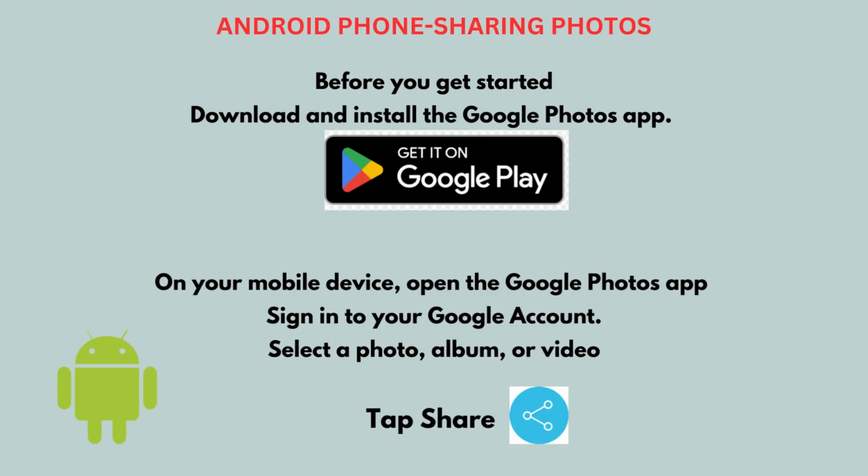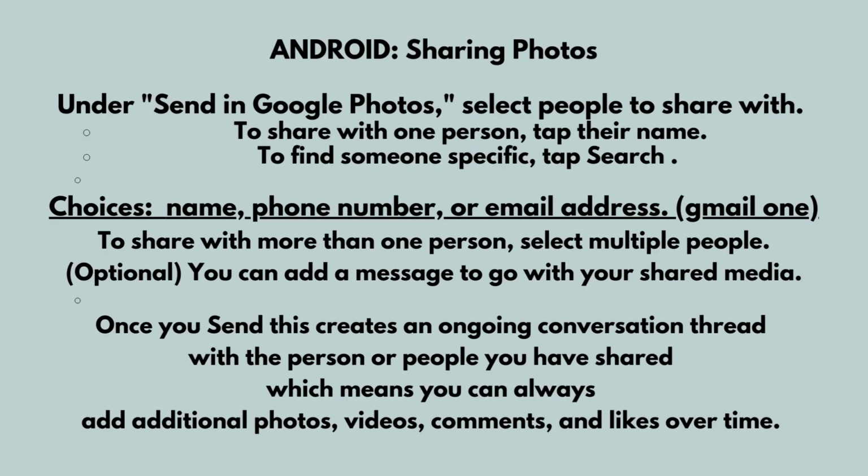For your Android users, make sure you've got Google Photos on your phone, open it up, sign into your account, select what you want, tap share, and it's off. Just like iPhone, usually people say, I don't go to the trouble of putting in an email, I just use their phone number and share it very quickly. You can do the same thing on Android, because when you tap the image you want to send, it asks who you want to send it to, and by putting in their cell phone number, it's pretty efficient.